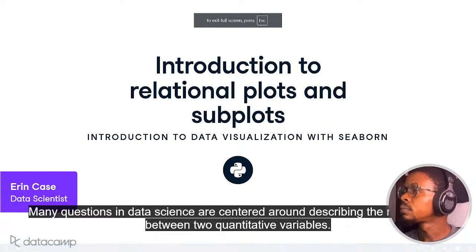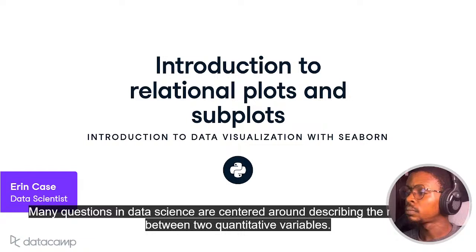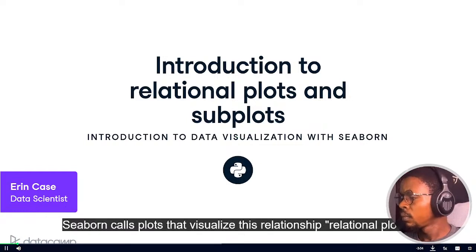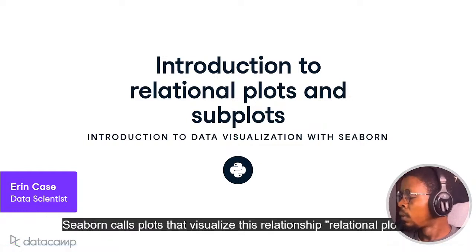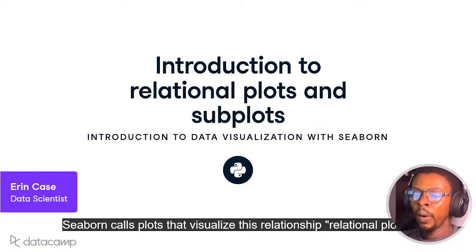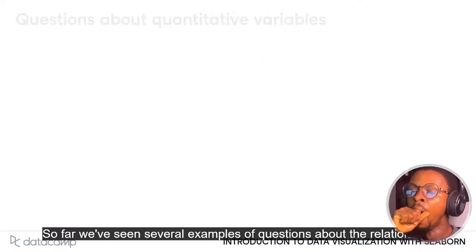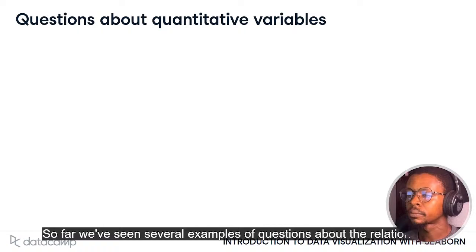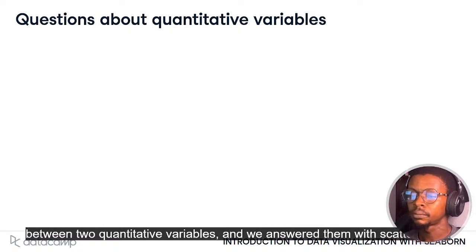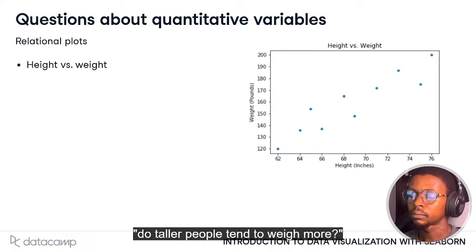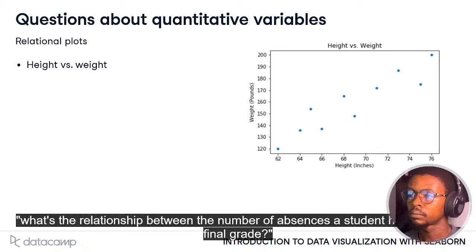Many questions in data science are centered around describing the relationship between two quantitative variables. Seaborn calls plots that visualize this relationship relational plots. So far, we've seen several examples of questions about the relationship between two quantitative variables, and we answered them with scatter plots. These examples include: do taller people tend to weigh more?